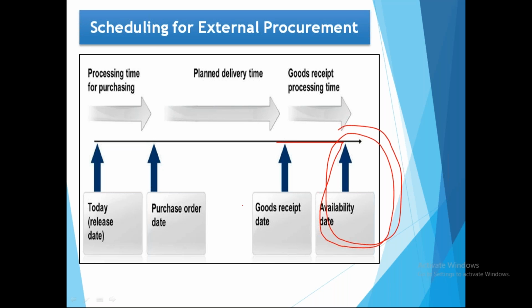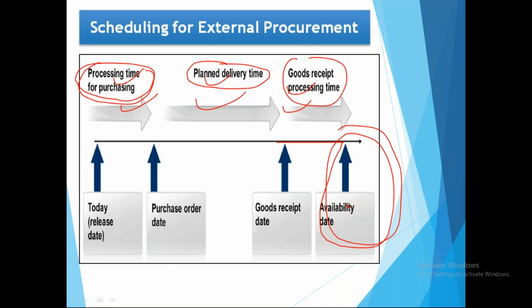What the system does is subtract goods receipt processing time, planned delivery time, and processing time for purchasing. If you maintain these three things, it will subtract these number of days from the availability date and give you the PR release date. That's what it will do.